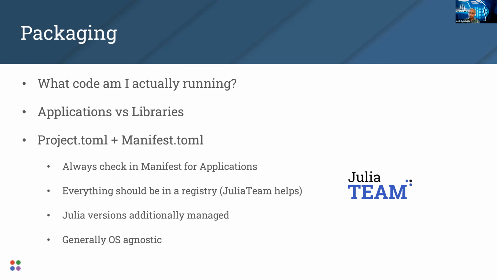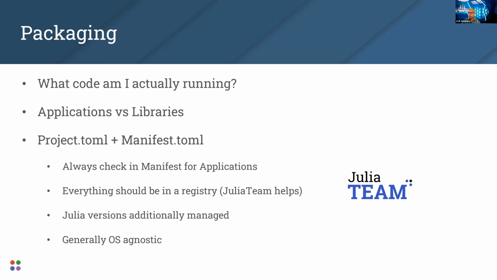So one of the first instructions that we tell people is that if you have an application, you should always check in your manifest.toml, right? So most of you, I hope, are Julia programmers. You know how Julia packages work. Typically, a package has what is called a project.toml, which declares the dependencies of that package. It declares the top level dependencies of the library or the package that you're developing.